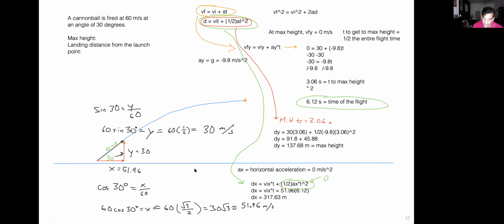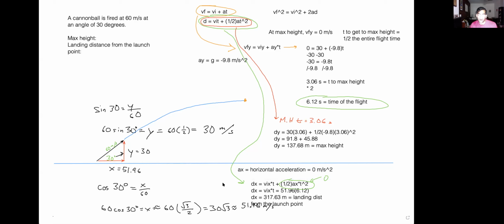And then I was also able to take that time, double it, and by realizing that the horizontal acceleration in the cannonball is 0 meters per second squared, I had a simple calculation of the initial horizontal velocity, or 51.96 meters per second, times the total time of the flight, 6.12 seconds, and that gave me 317.63 meters, which is the landing distance from the launch point.